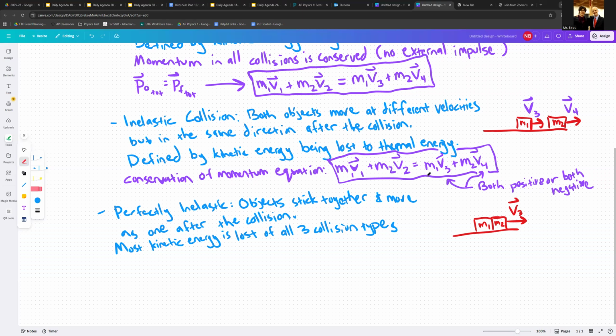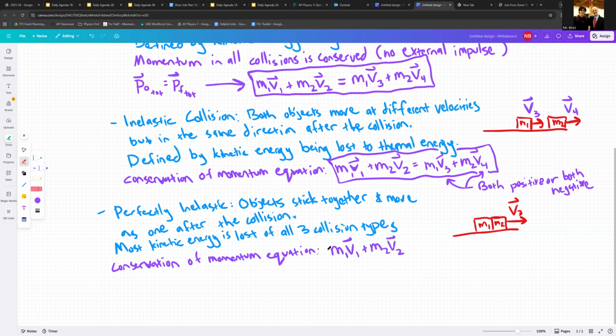All right, now for this one, the conservation of momentum equation looks just a little bit different. The start of it is actually going to look identical, because before the collision we still just have two separate objects moving at their own individual, unique velocities. So we'll put the same first half of this equation, m1v1 plus m2v2.